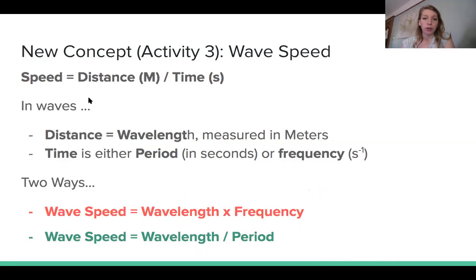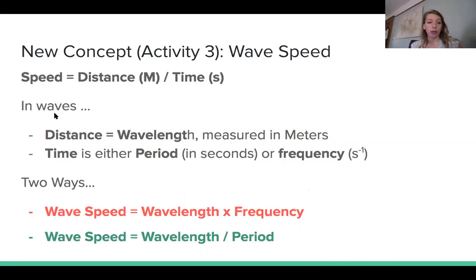So what we can do with some of these terms, and you'll see this in activity 3 where you're actually calculating things, it's a little bit of wave math. Just like in normal velocity or speed equations, speed is measured in distance over time.